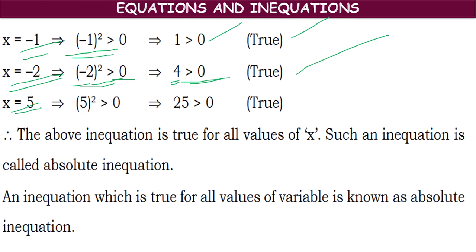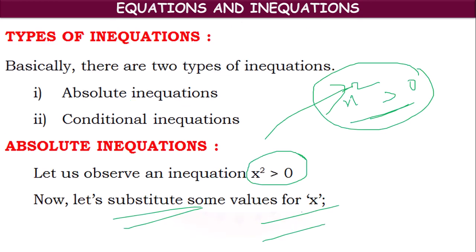If you take 5 whole square, 25 greater than 0, true. Like that, we can take a minus value or plus value or any value in the place of x. It will always be greater than 0.